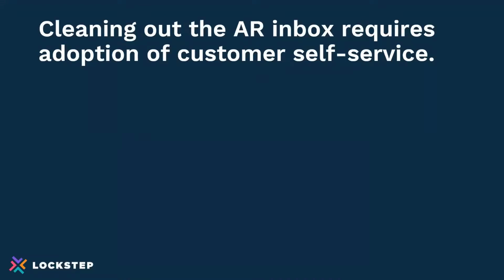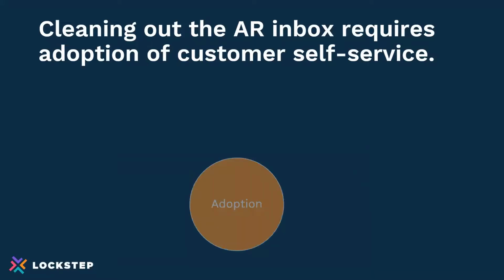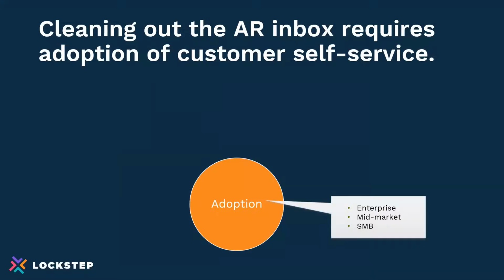Now, the notion of build it and they will come is one of the things to think about. Adoption of the self-service capability is critical to success. And so you really need a plan for adoption and how you're going to execute on it. And if you're able to do that, you'll see the impacts to your metrics. So one thing to think about is, do you want to target the biggest segment of your customers first and really try and drive up adoption?